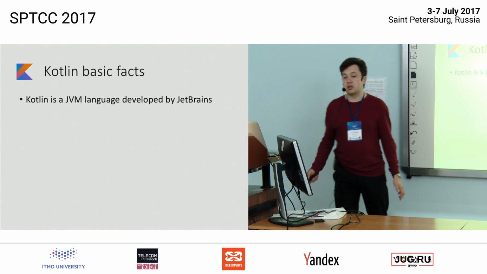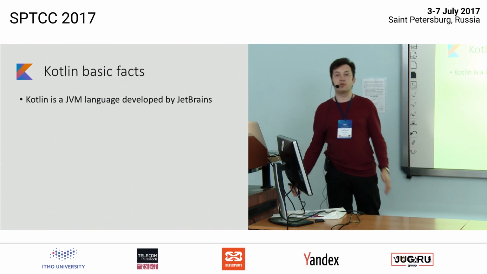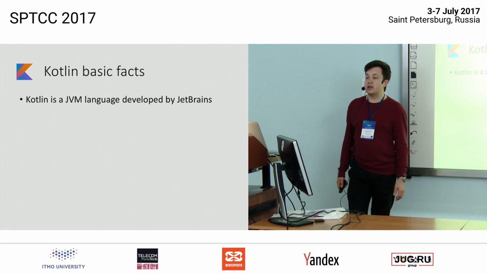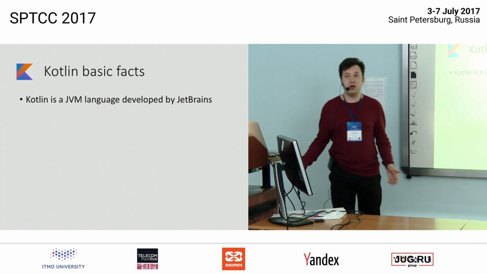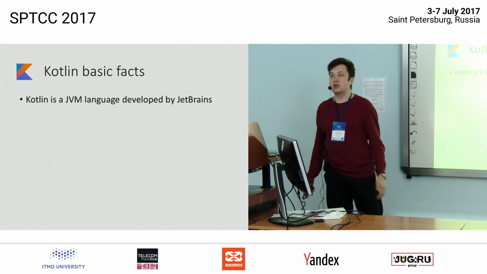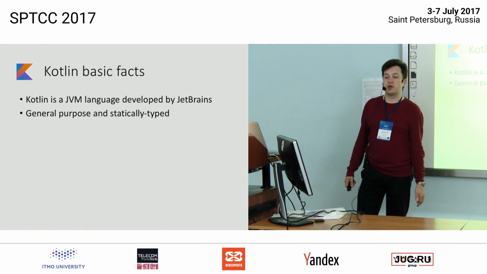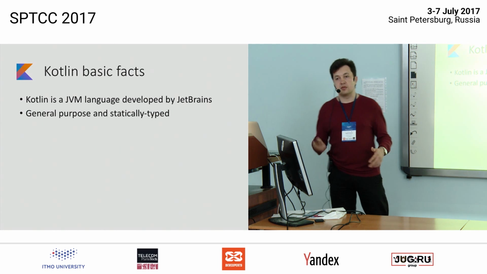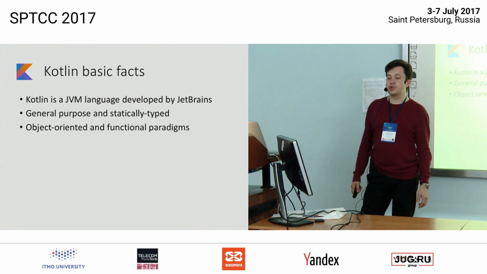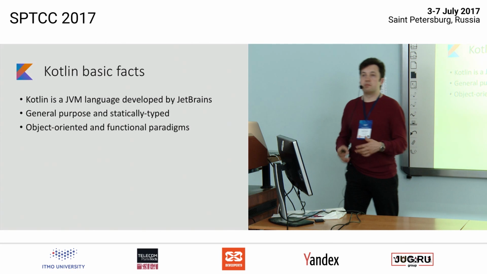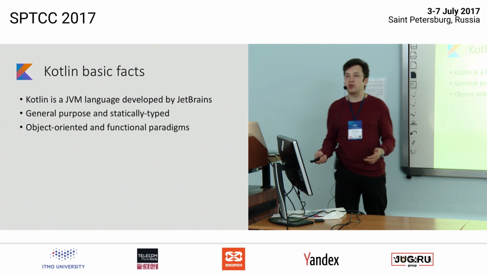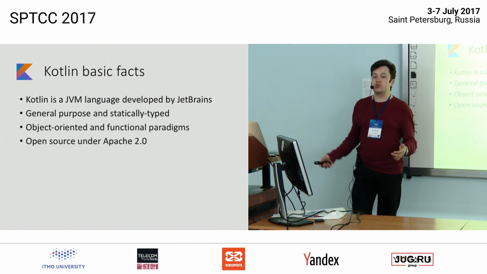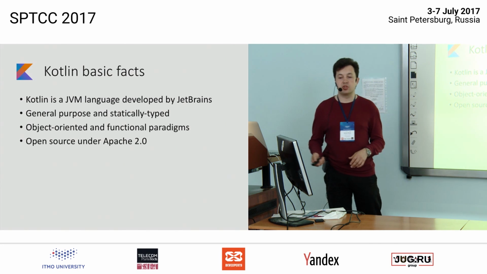So Kotlin, what is Kotlin? Kotlin is a JVM language developed by JetBrains. It was started in 2010, designed to be a Java replacement: a general purpose, statically typed language, like many other languages, with both object-oriented and functional paradigms. It's open source under Apache 2.0.